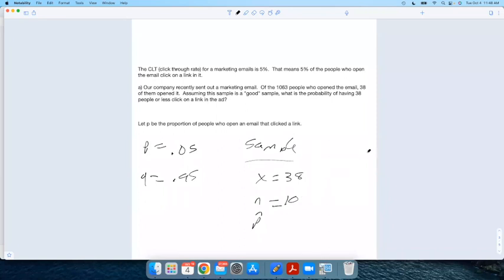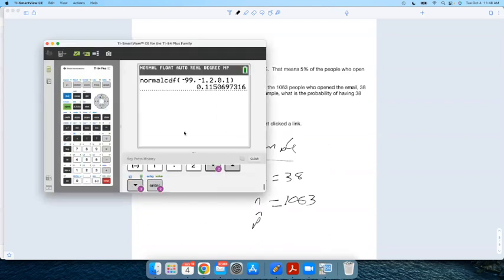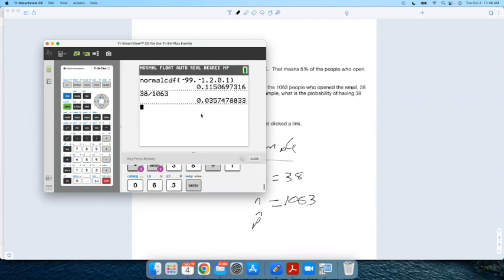I sent out like 3,500, 1063 opened the email. So my success rate for my sample was 38 out of 1063. Let's call that 0.0357.